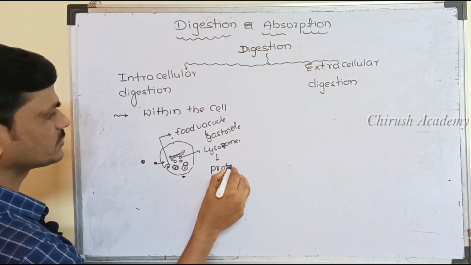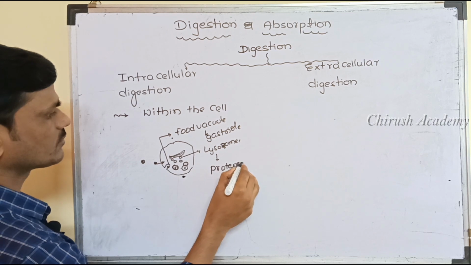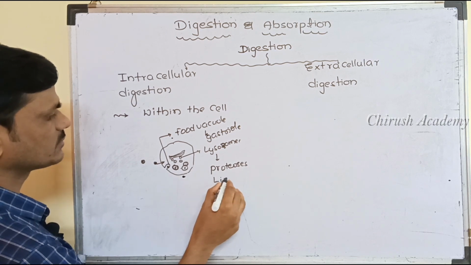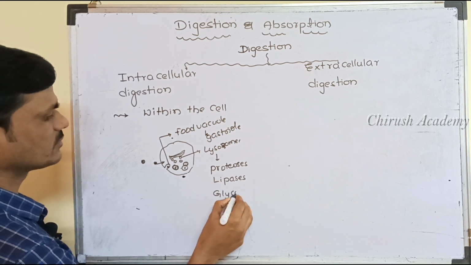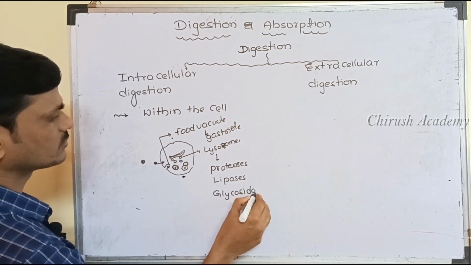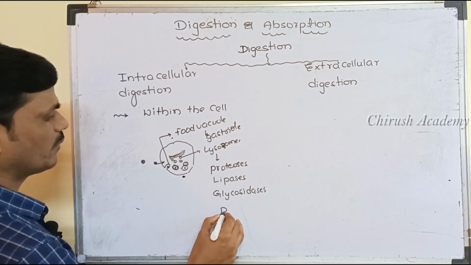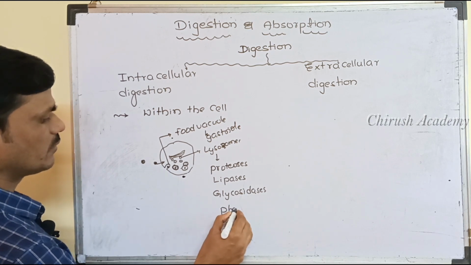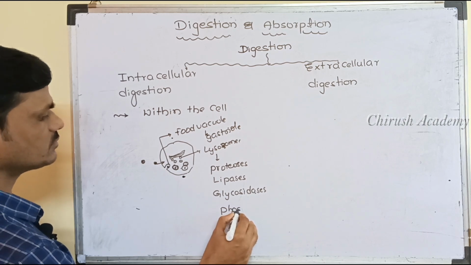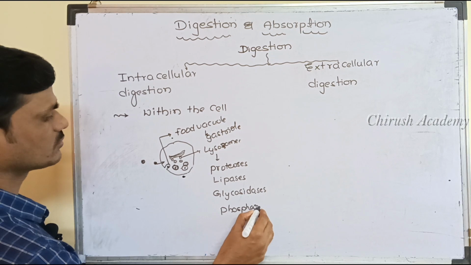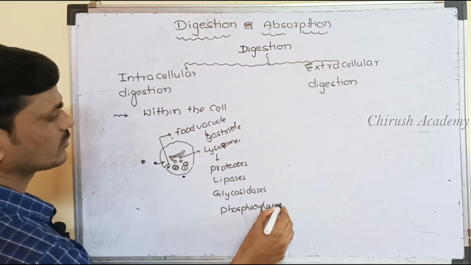So these lysosomes release proteases, lipases, glycosidases, phosphorylases enzymes.